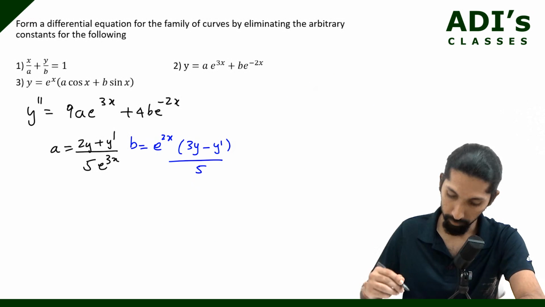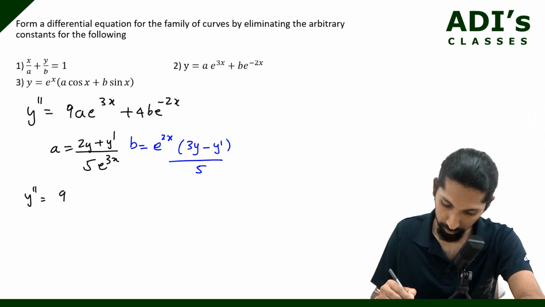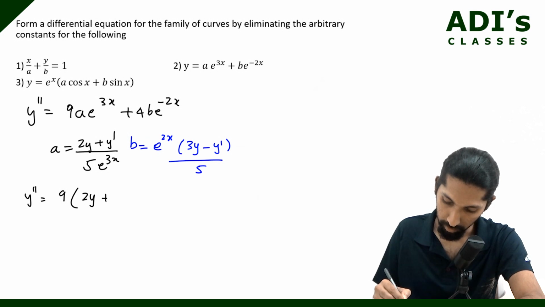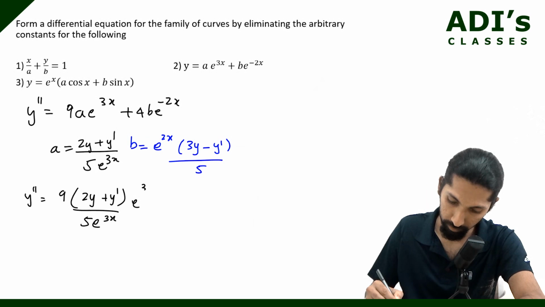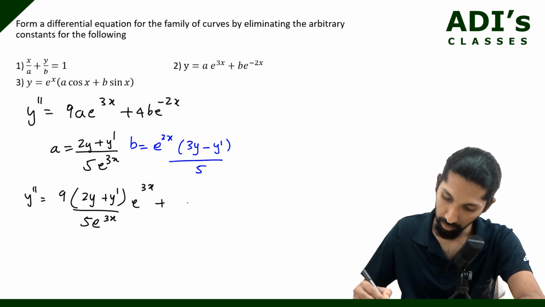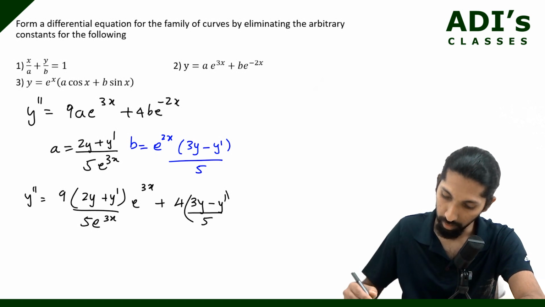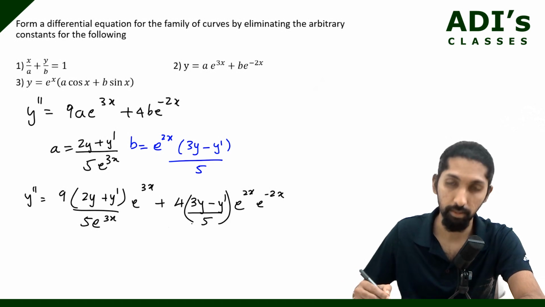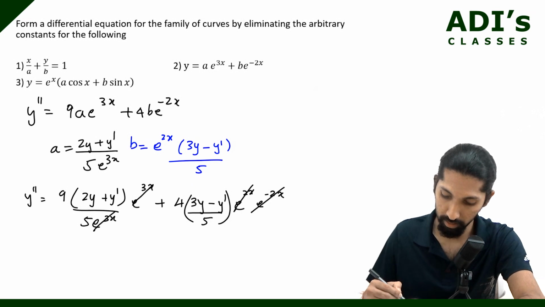If you substitute, y double dash is equal to 9 into 2y plus y dash by 5 e power 3x into e to the power of 3x, plus 4 into 3y minus y dash by 5 e power 2x into e power minus 2x, correct? e power 3x cancels, e power 2x cancels, correct?